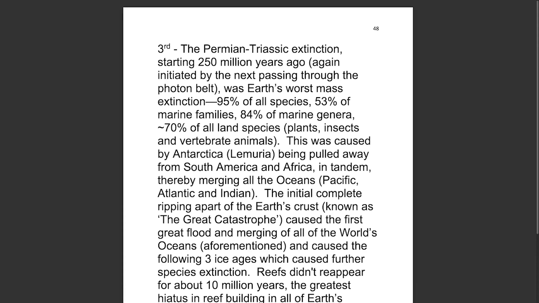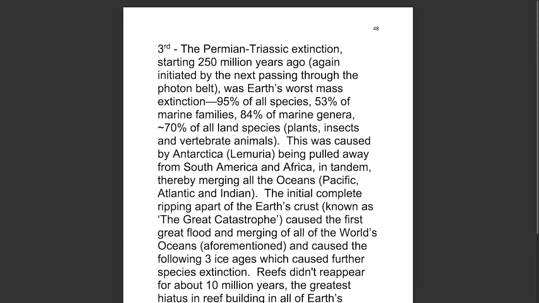This was caused by Antarctica, Lemuria, the part of Antarctica that's Lemuria, and the rest of Lemuria that was there at the time, being pulled away from South America and Africa in tandem, thereby merging all the oceans, the Pacific, the Atlantic, and the Indian.